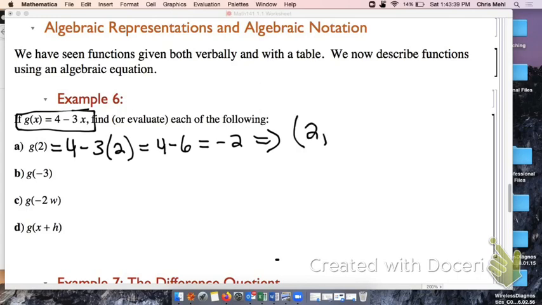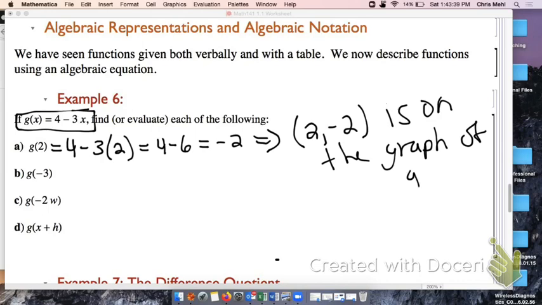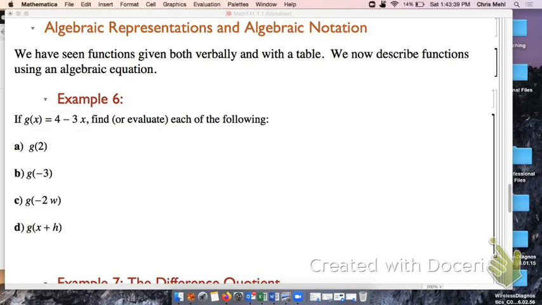This would mean that the point 2 comma minus 2 is on the graph of g, right? This is x and this is g of x. Okay, so the output is always the y coordinate. So I plug 2 into this function, I get negative 2 as an output. That would give me the point 2 comma minus 2 on the graph of g. And I'll talk about graphing points later. Okay, so next.